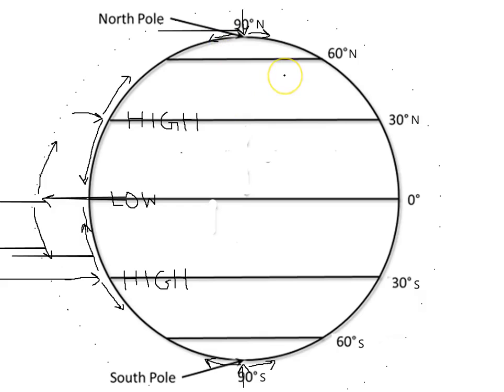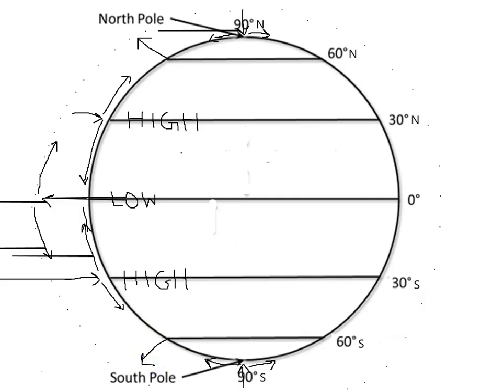Now you should notice that coming up on 60 degrees north and 60 degrees south, you've got arrows that are going to be meeting. What happens when those arrows meet is that they are pushed up. So again, we've got another location where air rises.